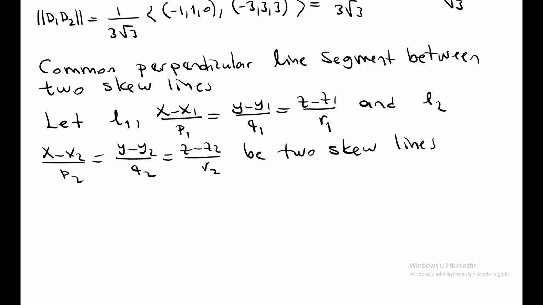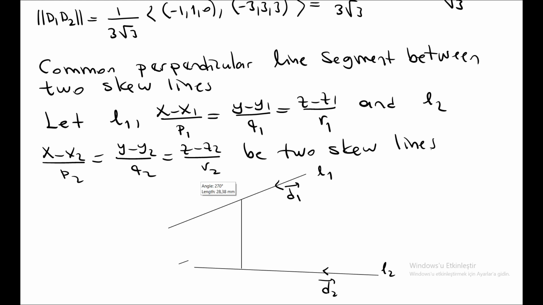So because they are skew, they have a common perpendicular, so let's say this one and this one. Okay, so this is L1, this is L2. So we have direction vector D1 and direction vector D2. So then let's say this is the common perpendicular line.